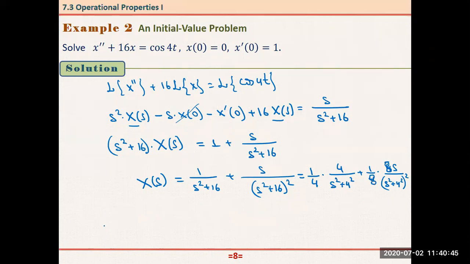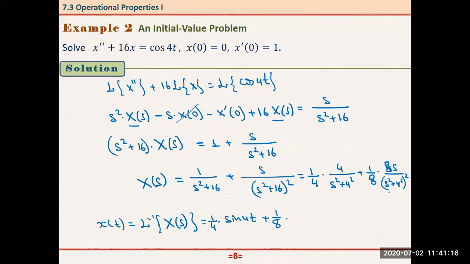Okay. So now what is x of t? That is inverse Laplace of capital X of s, right? That's equal to, what is the inverse of this function? That is equal to 1 over 4 sine of 4t, plus 1 over 8 times what we have just evaluated.